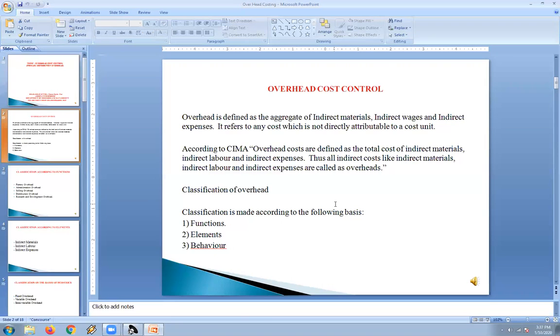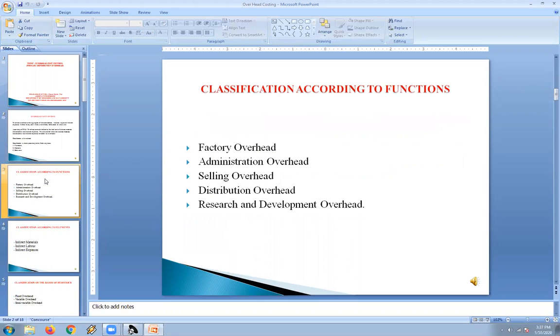Again, these overheads are classified on the basis of functions, on the basis of elements, and on the basis of behavior. Let us know the overheads on the basis of functions: factory overheads, administration overhead, selling and distribution overhead, and research and development overhead.